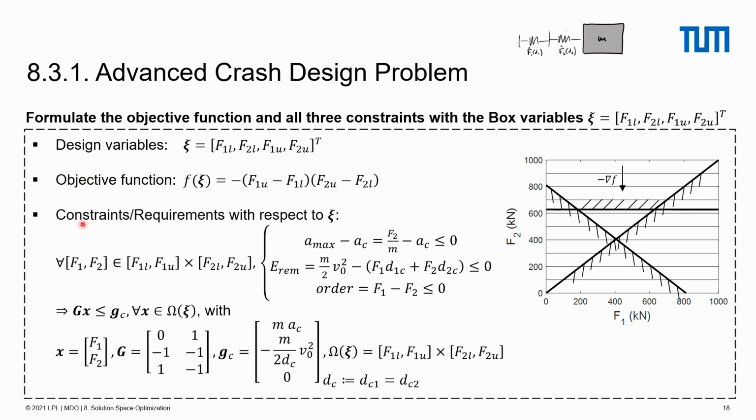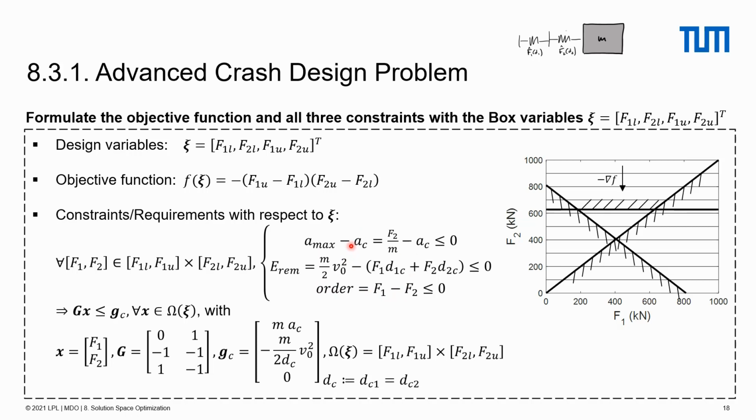And the constraints with respect to C, firstly we need to formulate our constraints. That is, for all designs F1 and F2 in their design space, the 3 constraints need to be fulfilled.